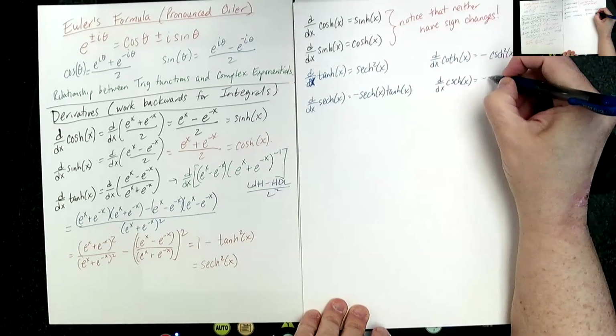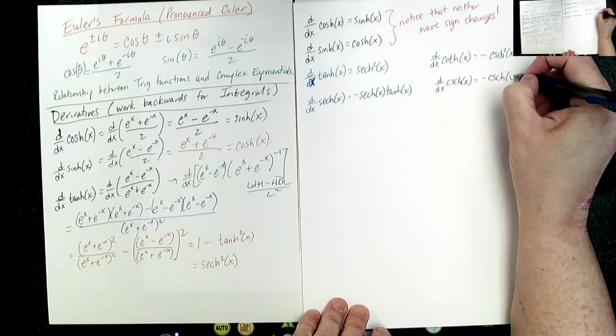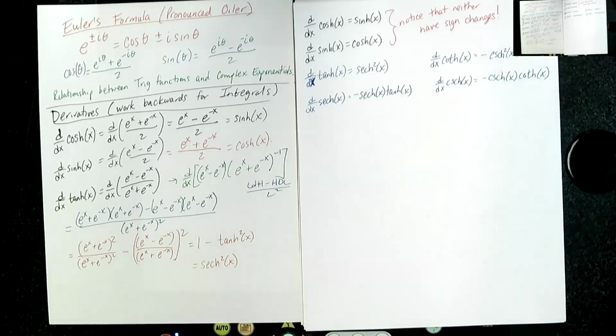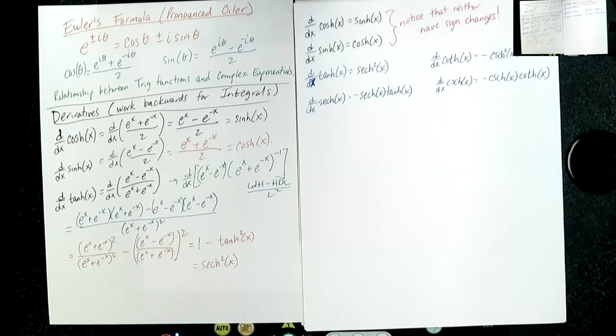We get negative hyperbolic cosecant cotangent. Those are your basic six.